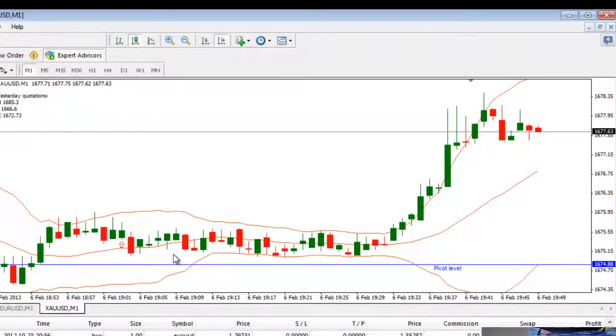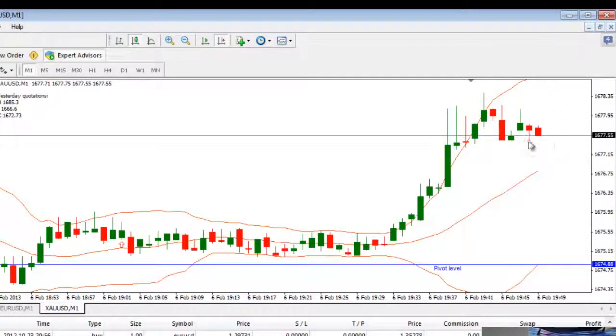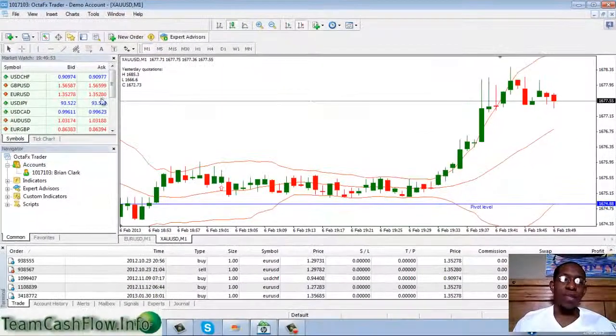Okay, so you can see here, just looking at gold, I added gold to my chart. I have the instructions on how to do this on my most recent blog post on how to add gold to your chart, but it's very simple.